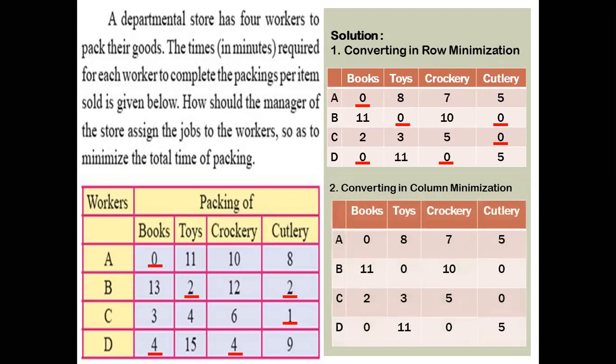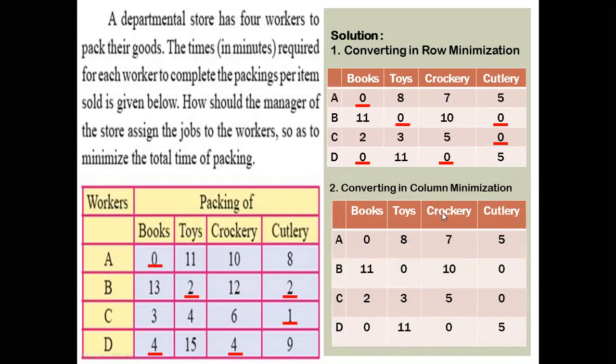The column minimization will be the same elements because anything subtracted from 0 gives you the same number. So 0 minus 0 gives me a 0. 11 minus 0 gives me 11. 2 minus 0 gives me 2. And 0 minus 0 again gives me 0.